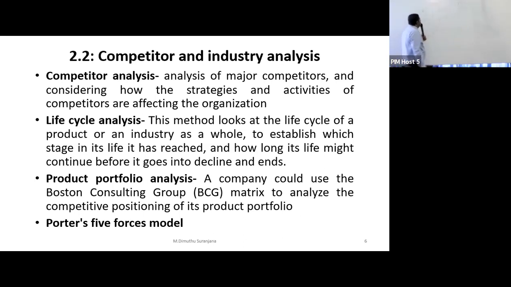That is called a cash cow. Then there may be some units whose market share is high and industry growth rate is also very high. They call it a star.